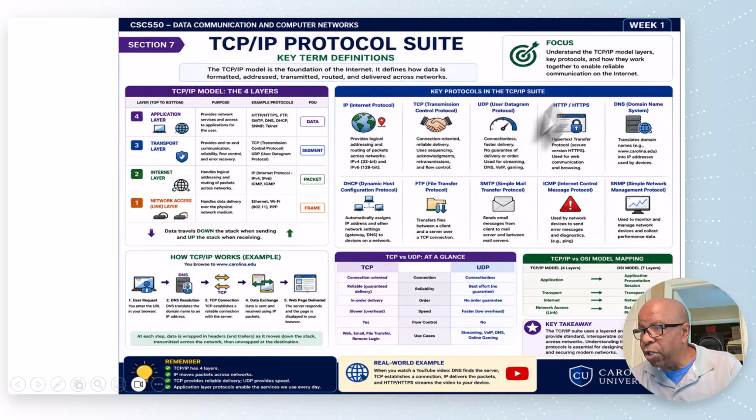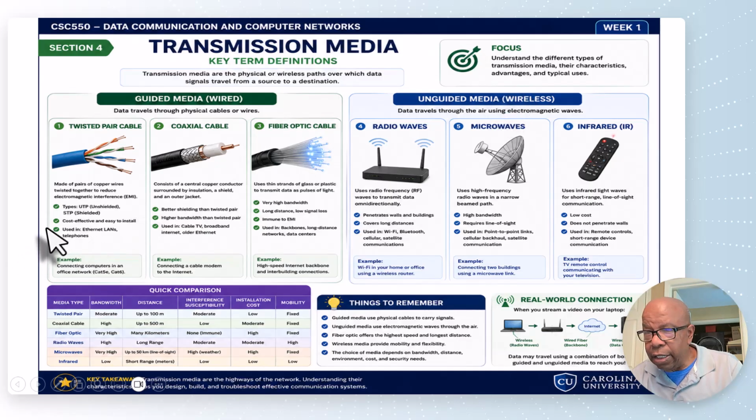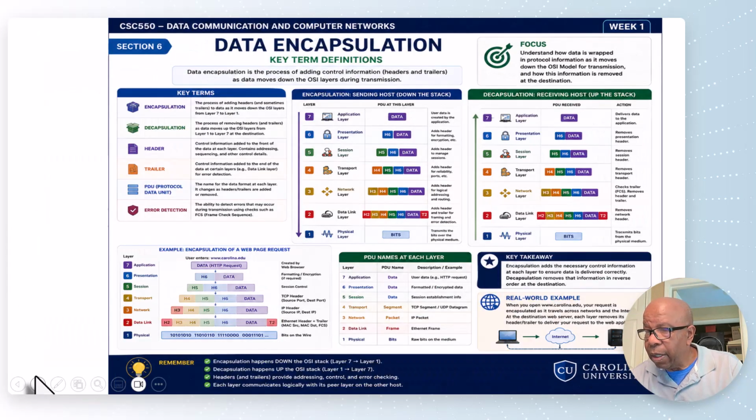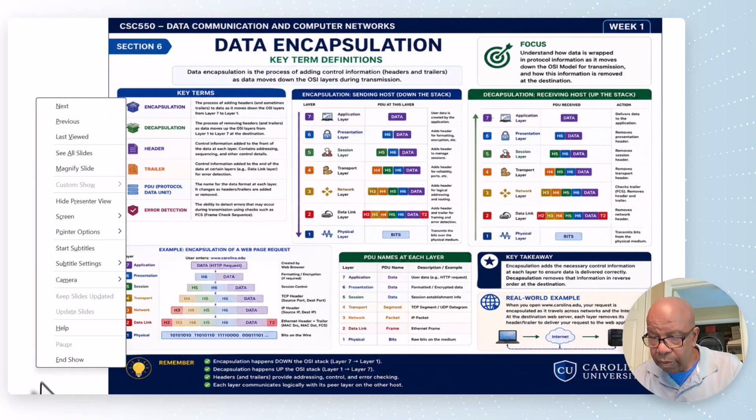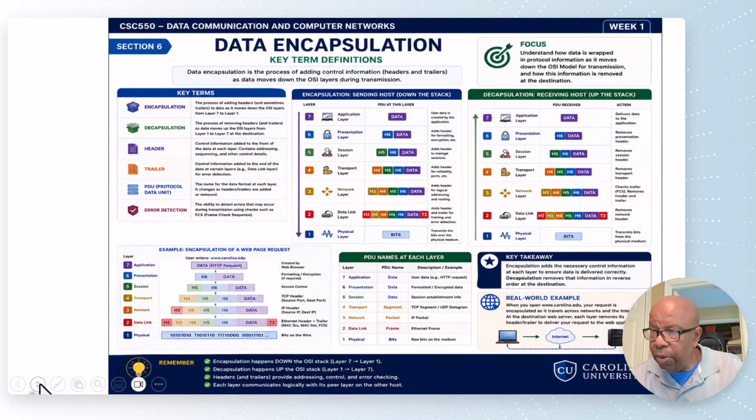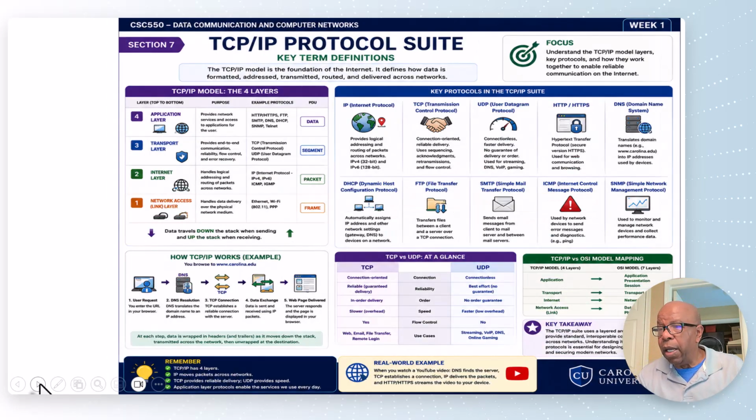UDP is a special version, a way that I can transmit data without putting on all those headers we've been talking about with OSI, and be able to transmit that information faster.